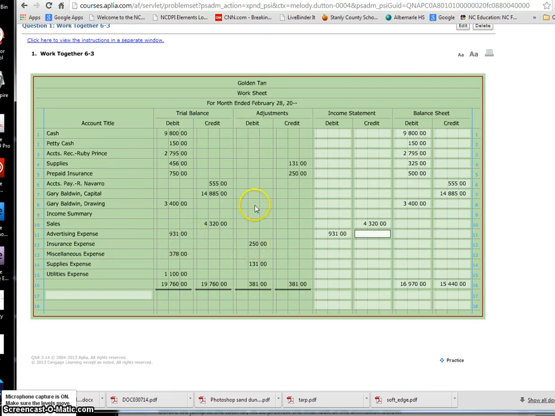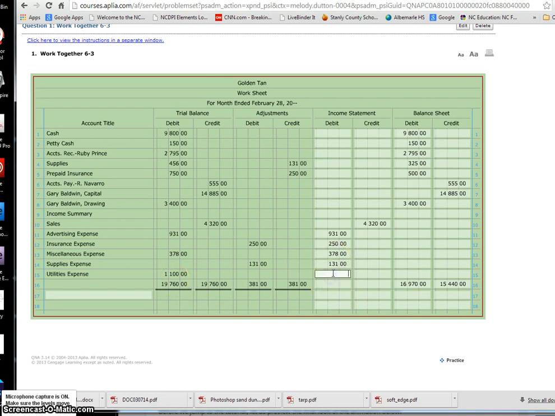Insurance expense, we have an adjustment and it's still a debit, so that's how much we used, so $250. Miscellaneous expense, it's a debit, so we bring it right over here, $378. Supplies expense, there's nothing in the trial balance, but we did use it. It's a debit, so $131.